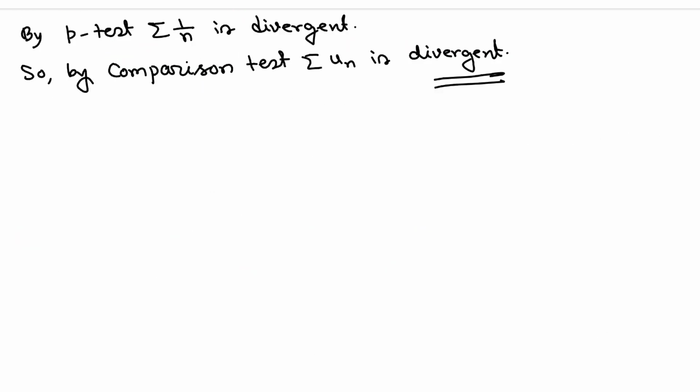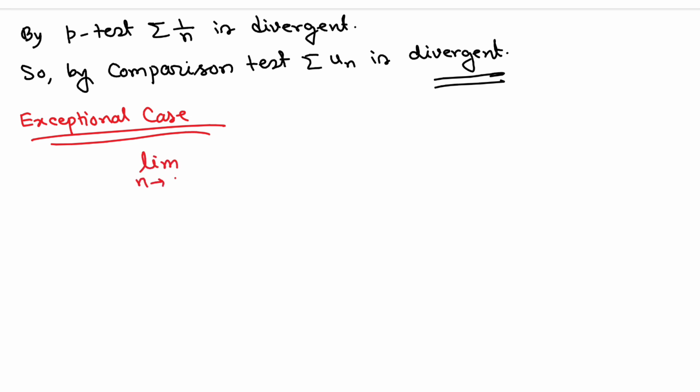So the exceptional case: limit n tends to infinity un by vn equals L. If L is non-zero finite, then we know the result.